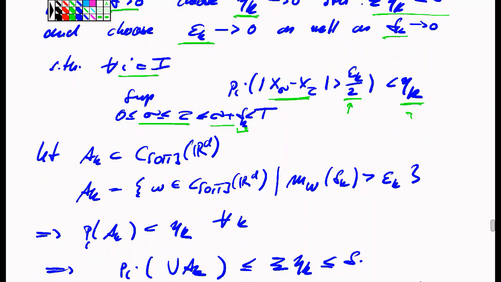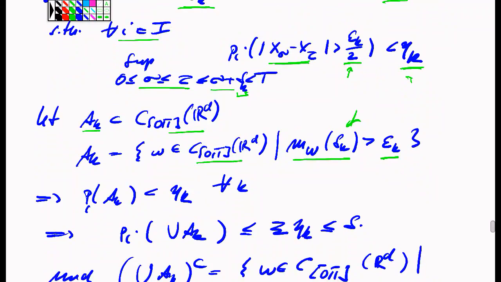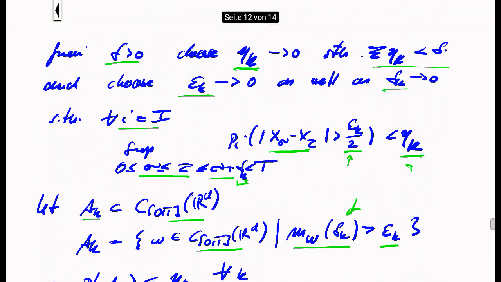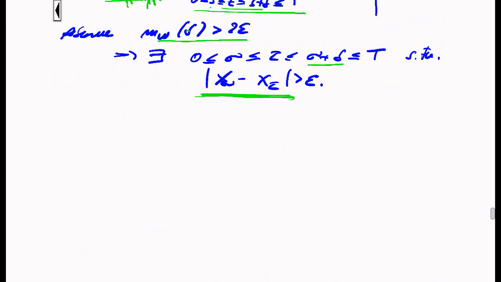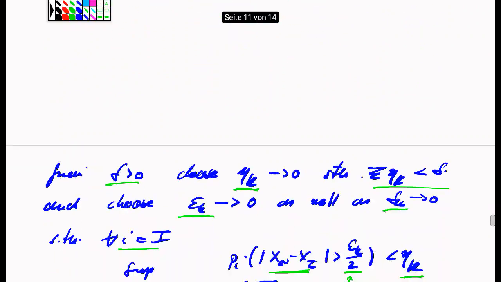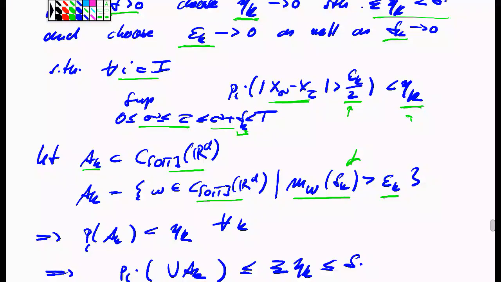Now, if we introduce the subset of trajectories A k on the compact interval from 0 to t, which have modulus of continuity, for given delta k, greater or equal to epsilon k, then by the previous consideration that if the modulus of continuity is greater or equal to something, then we find appropriate stopping times, we find that this collection of stopping times is a subset of the collection which are described in this condition here.